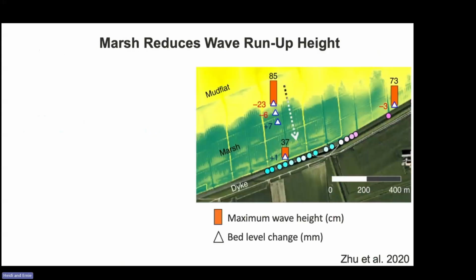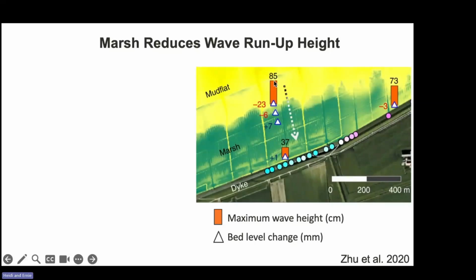In another very fascinating study, Zhu et al. 2020 illustrated directly the influence of marsh on wave height and wave run-up. In this aerial view of their field site in the Netherlands, you can see the dike or the seawall in gray, and then the marsh area is in green and the mudflat is in yellow.